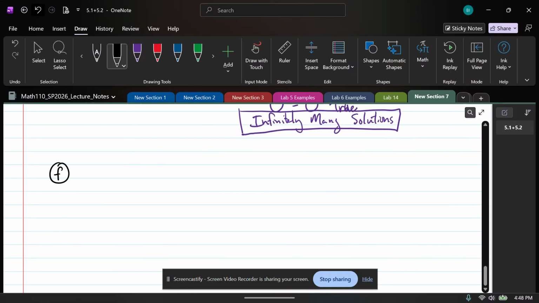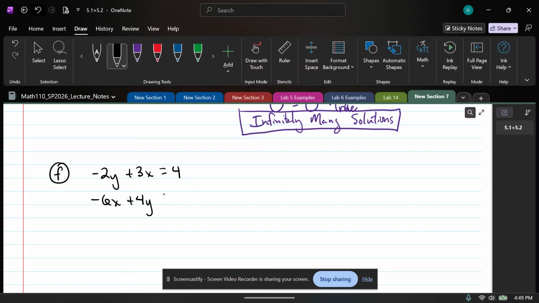Let's look at this example. Negative 2y plus 3x equals 4. Negative 6x plus 4y equals 7. They try to mess you up on this one.